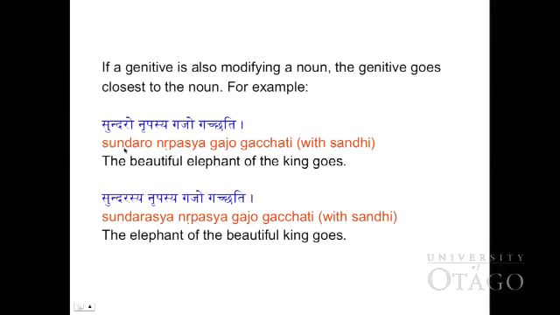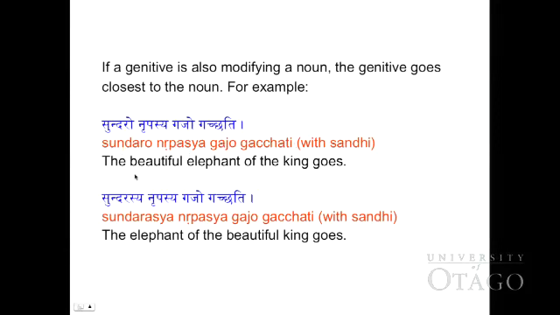In this case, sundara modifies gaja because it is the same case, gender, and number. Gaja is nominative singular masculine, and this one also nominative singular masculine, so it will be the beautiful elephant of the king. Nrpasya is genitive. The beautiful elephant of the king goes.